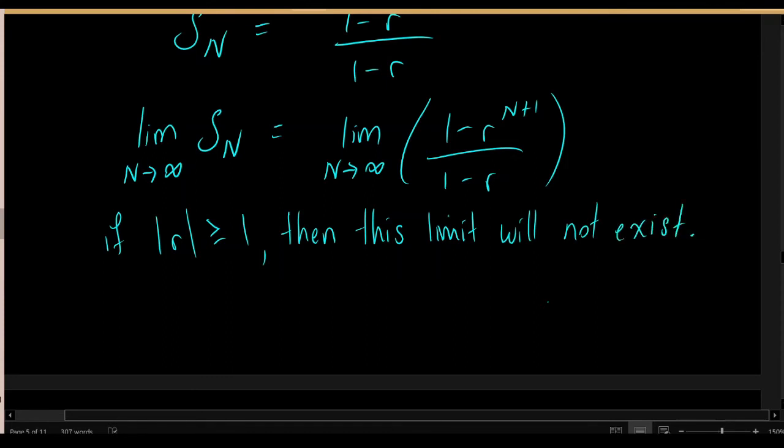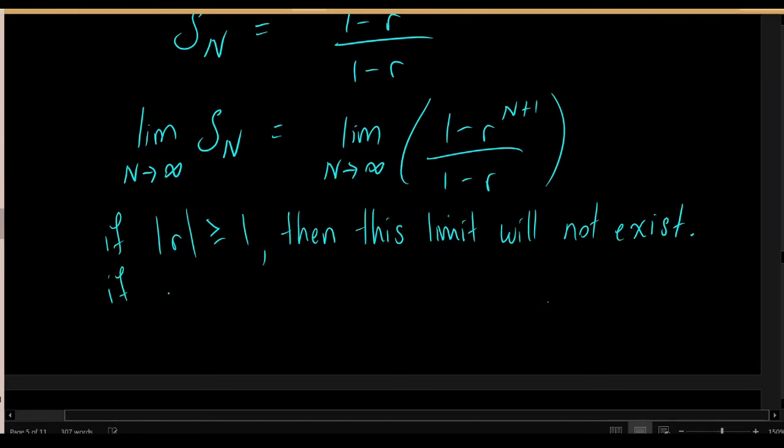If r is larger than 1 strictly, we're going to run into a problem of the quantity r to the n plus 1 just growing limitlessly and getting larger and larger. r cannot be equal to 1, because then we end up dividing by 0. That's no good. And if r is equal to minus 1, we're going to have a problem of the terms alternating between plus and minus as the exponent changes from even to odd.